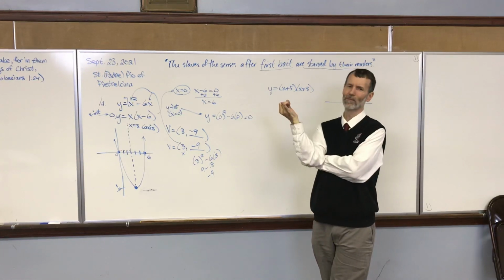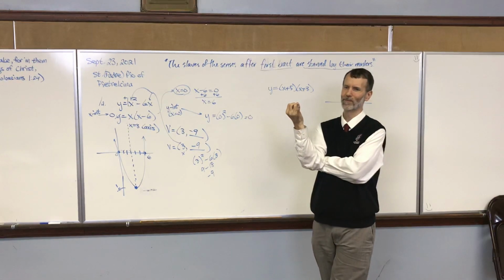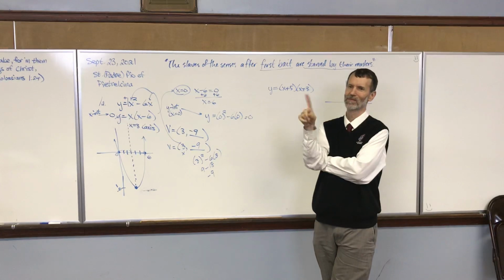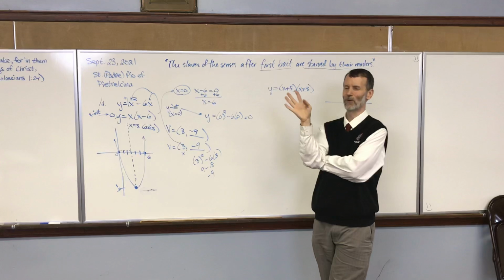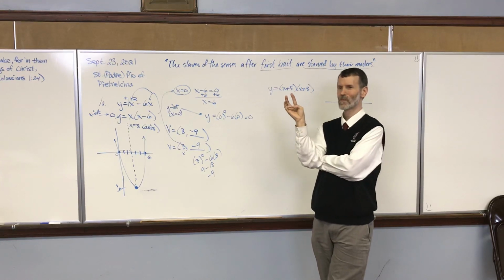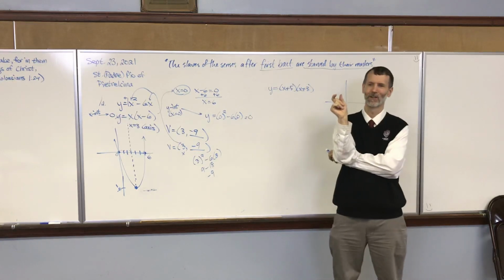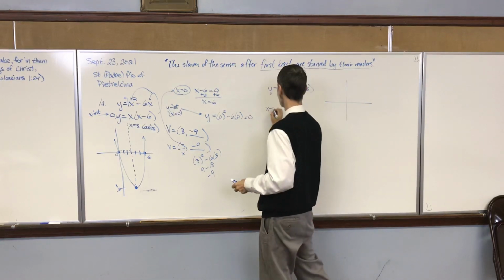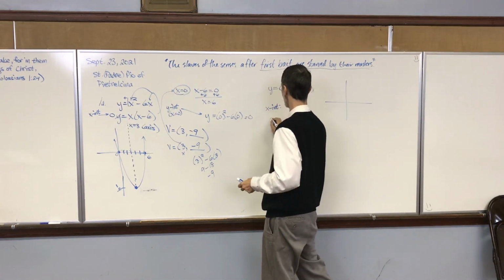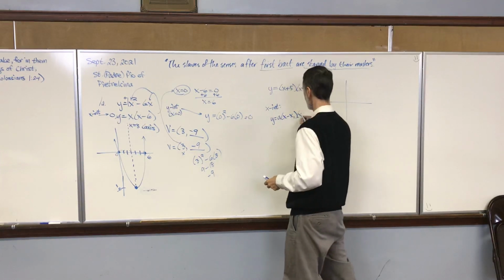There's standard form. What else? Sam. The standard form, give me another form. Doesn't have to be in order. Is it intercept form? Very close. There's one thing missing. What intercept form? X-intercept form. X-intercept form looks like this: y equals a, x minus x1, x minus x2.